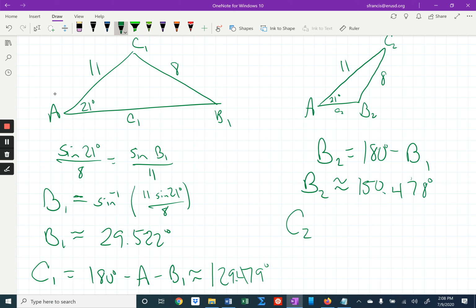Now angle C sub 2 is going to be 180 minus A minus B sub 2.